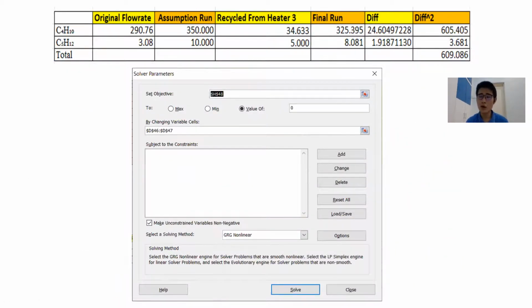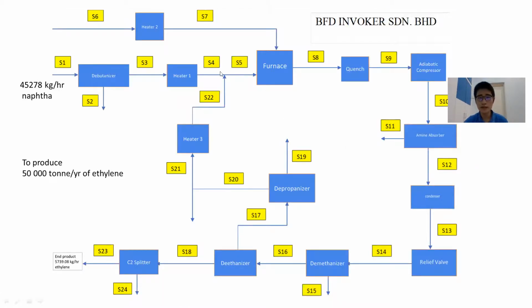For the mixing point between the outlet stream of heater 1 and heater 3, there is something we need to calculate. If we link the value of heater 3 directly into the furnace, Excel cannot calculate it directly, as a self-referencing error will occur because we didn't use a solver tool.